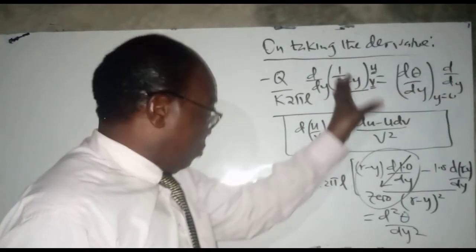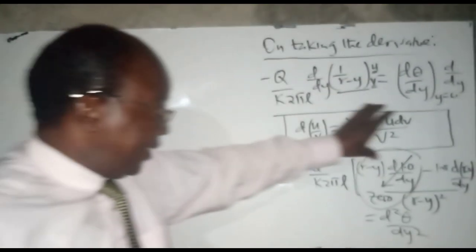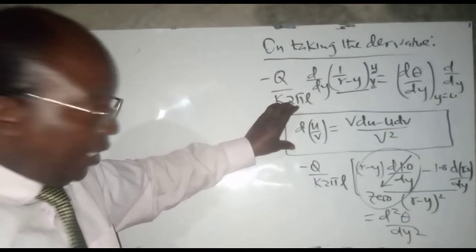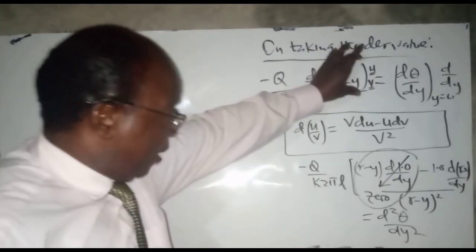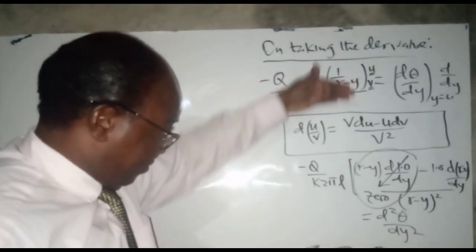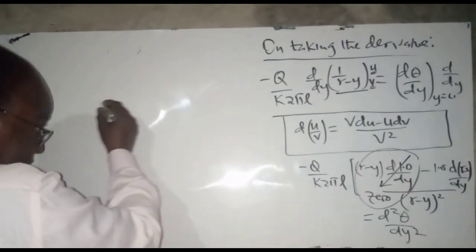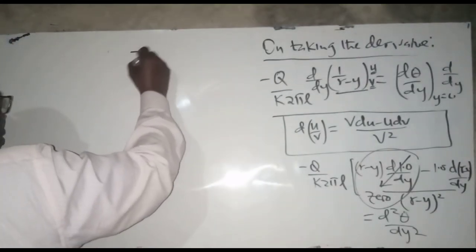We have used the differential calculus identity on differentiating quotients, labeling the numerator as u and the denominator as v, and so we have just applied those quantities there. So we have minus q.